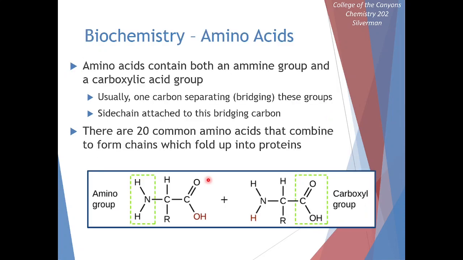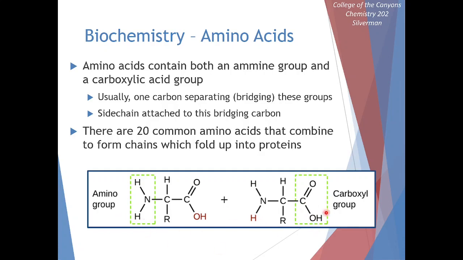In biochemistry, we can start to react acids and bases. In fact, we can react our amine molecules with our carboxylic acid molecules and form bigger molecules. Amino acids contain both an amine group and a carboxylic acid group, which means the amine group on one side can react with the carbonyl group on another side.